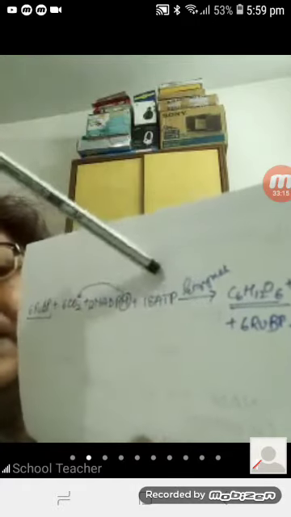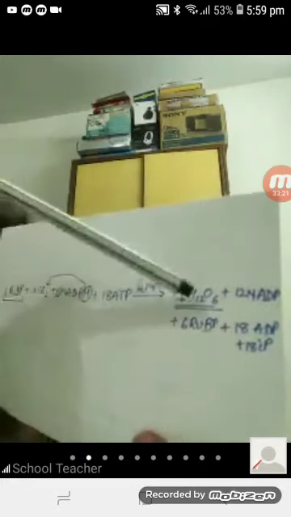This was formed during light reaction. This hydrogen atom is used to reduce carbon dioxide to carbohydrate. And 18 molecules of ATP in presence of various enzymes get converted to one carbohydrate molecule.